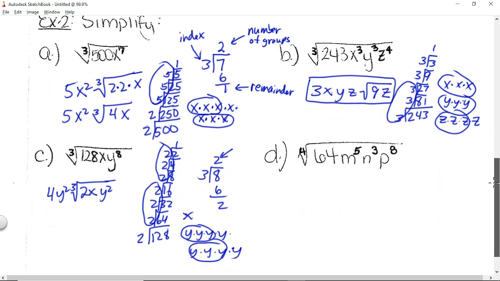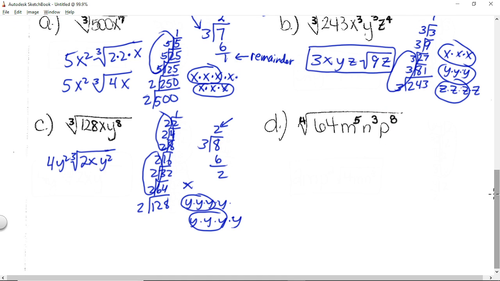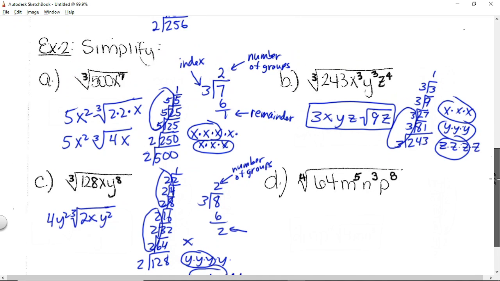Well, yeah, number of groups. So this 2 is the number of groups. And down here we have the remainder.